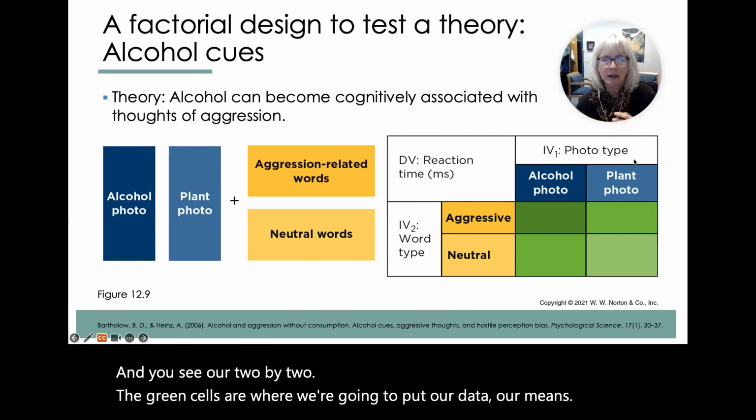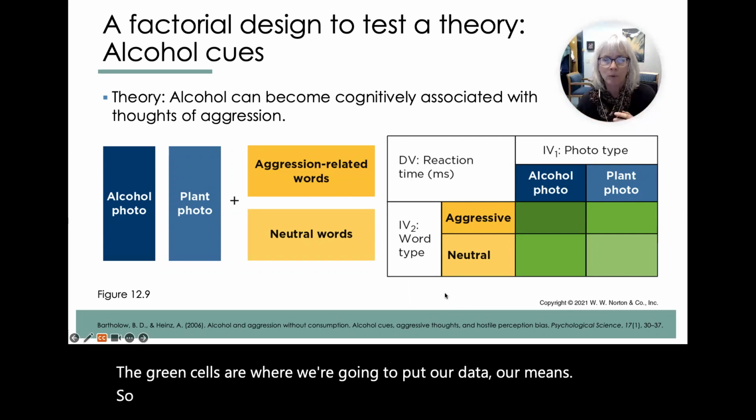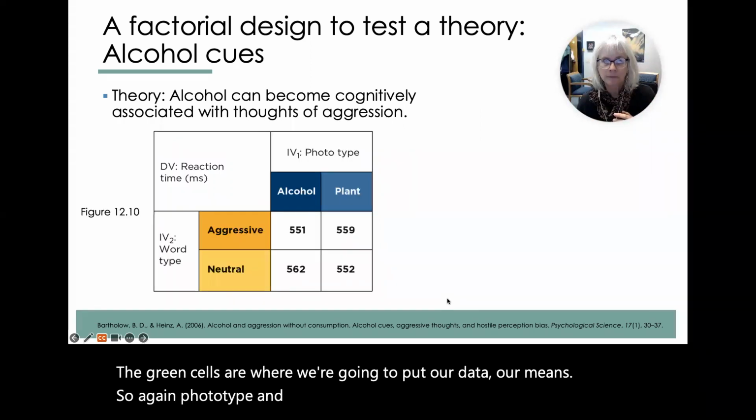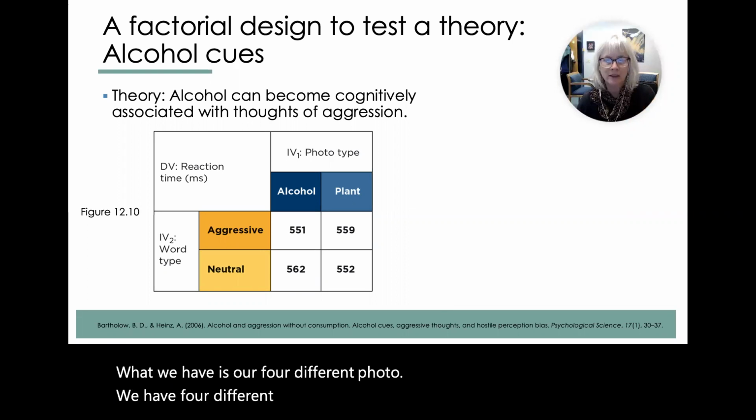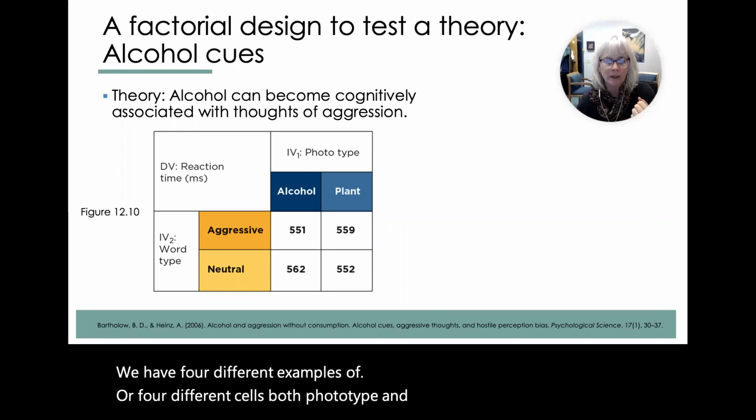So again, photo type and word type here. So we have four different cells, both photo type and word type. And you can see the means for each cell.